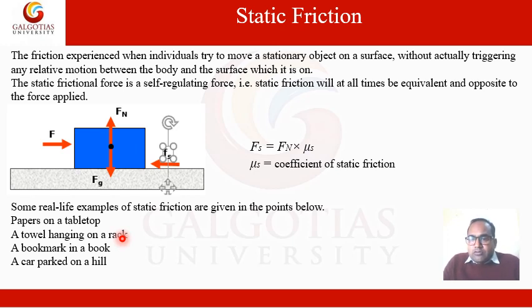The force of friction on that towel is static friction. Then a bookmark in a book, and the last one is a car parked on a hill. These are all real-life examples of static friction.